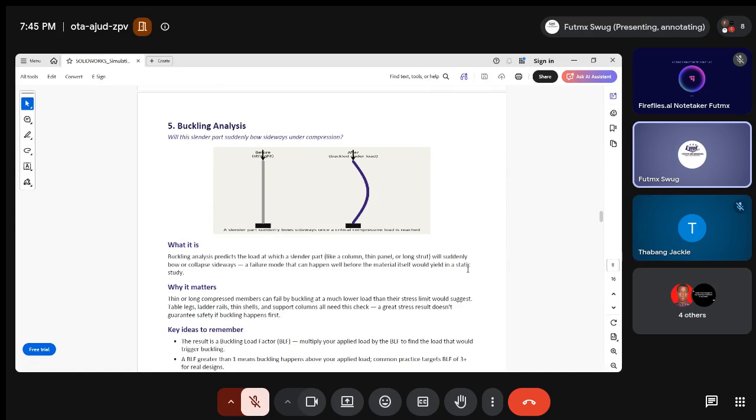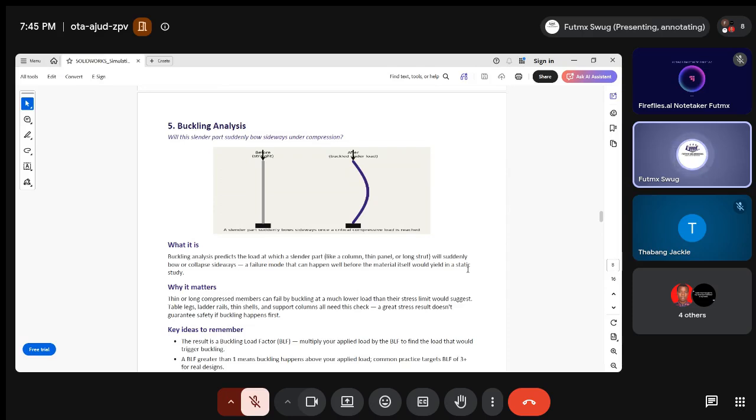So you now know what the structure is going to undergo. There are scenarios where you actually need a structure to bend. It's not every scenario that you want your structure to be rigid and strong. Sometimes you design for the structure to bend, but you don't want it to bend too much.